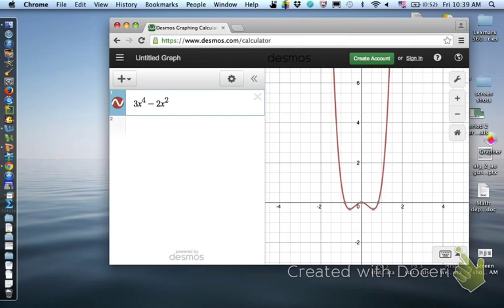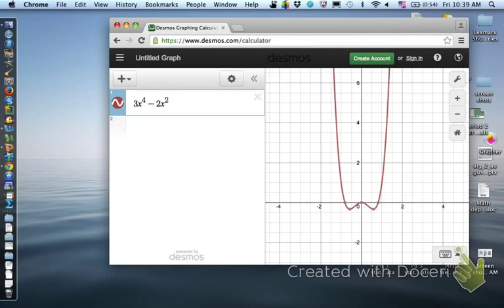What we're seeing here is that as we move to the left, our y values are going up, and as we move to the right, our y values are also going up. On the very ends, we would expect our y values to be very high on the left end and on the right end.